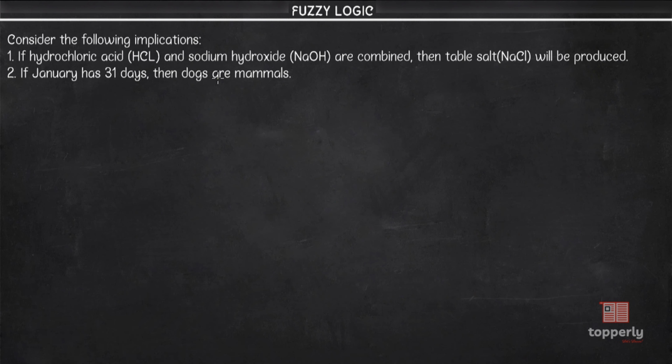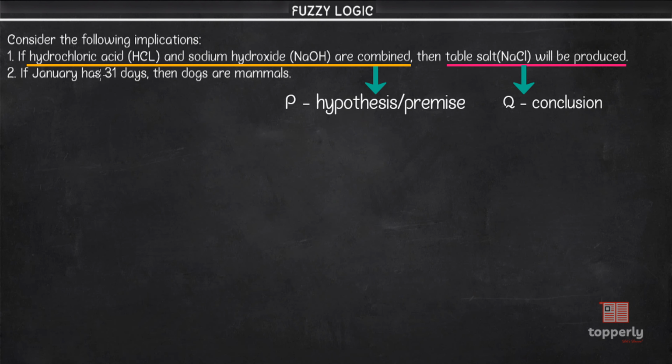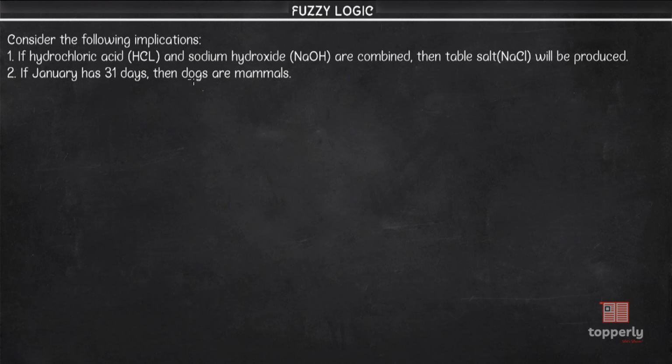The first statement is an example of cause and effect, reflected by the chemical equation HCl plus NaOH gives NaCl plus H2O. Both these propositions are true, hence the implication will also be true as per our truth table.